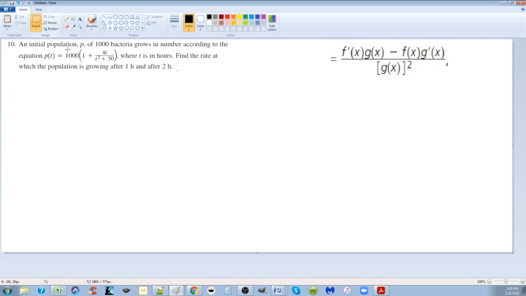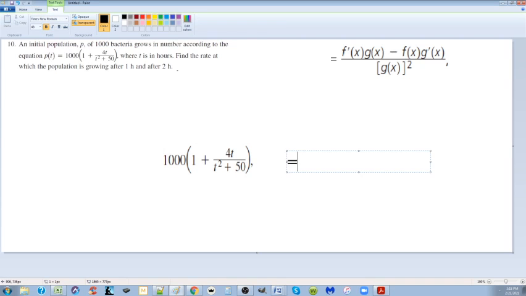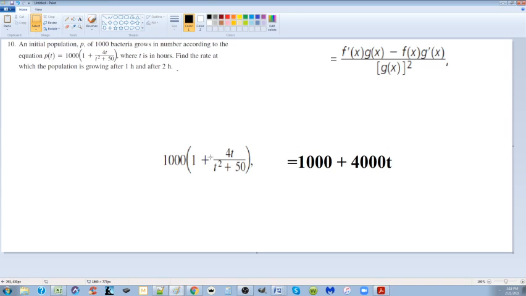And what I want to be careful of, though, is what this looks like. So this graph is actually this. If I distribute that, it's actually this. All of that second term is divided by that. And that's because if I distribute this 1,000, I get that.